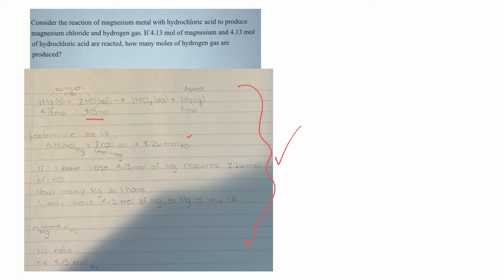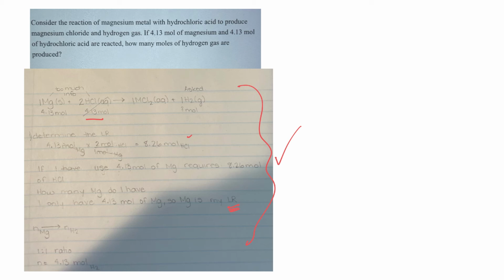So in order to figure out how much magnesium you need, let me just look. Yeah, and magnesium is your limiting reagent. So, oh no. I think you've done the work right here, but I don't think this is right.